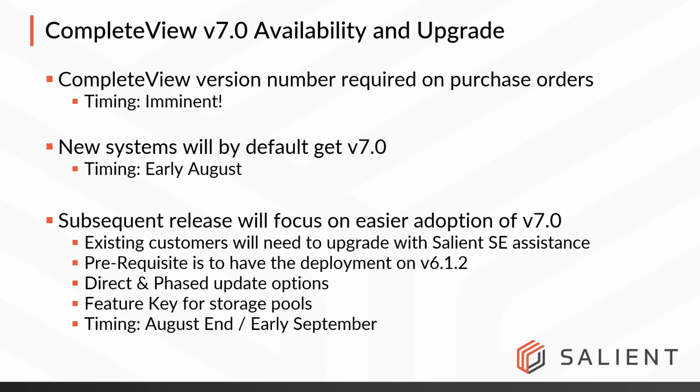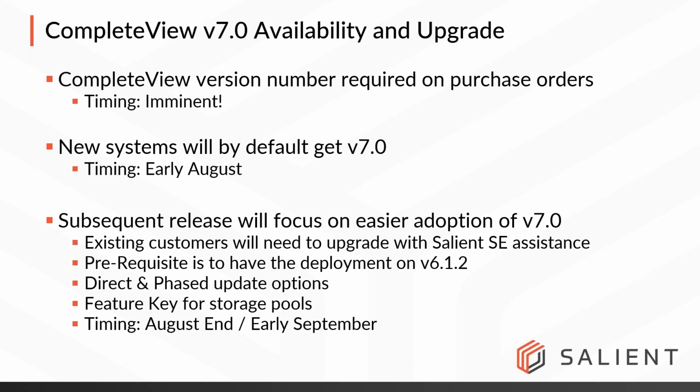customer. The first thing that we're doing is we're going to start requiring the version number of CompleteView on purchase orders. We'll have a little bit more detail on the right way to do this, but this is to make sure that you don't end up in a situation where you order a system from Salient and end up having the wrong version and then end up having to reinstall software. We can handle delivering exactly the version that you need.